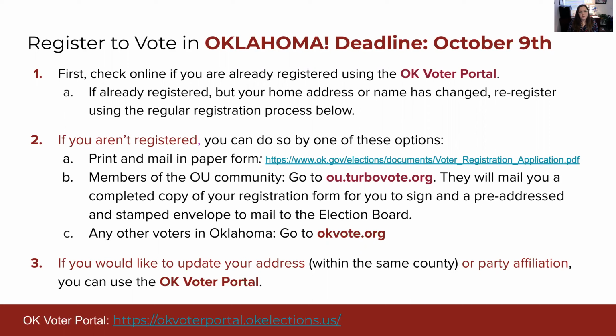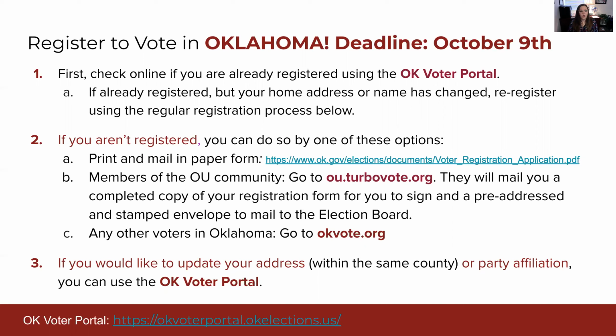It's also a really good one-stop shop for a lot of other things that we'll talk about in subsequent videos, like requesting your absentee ballot, looking up your polling location, getting sample ballots, etc. If you're already registered but your home address or your name has changed, you can re-register or update your registration using one of the regular registration processes below.